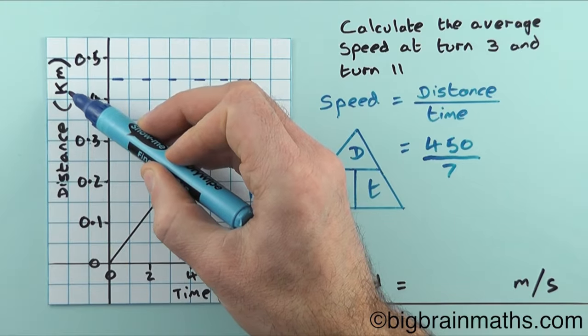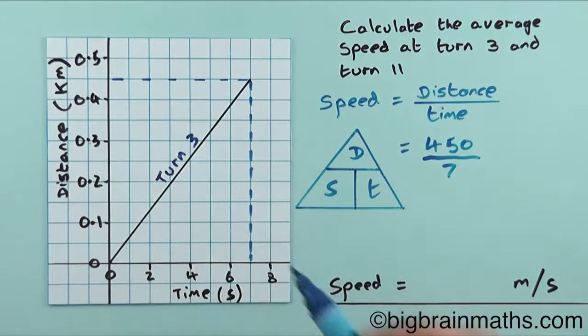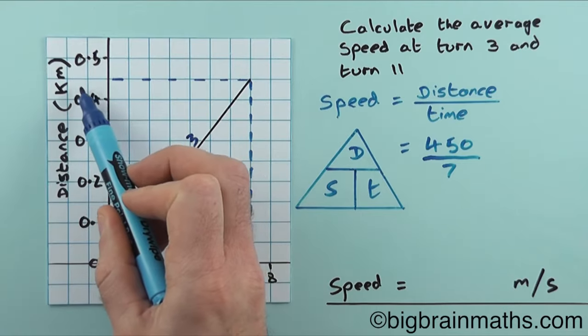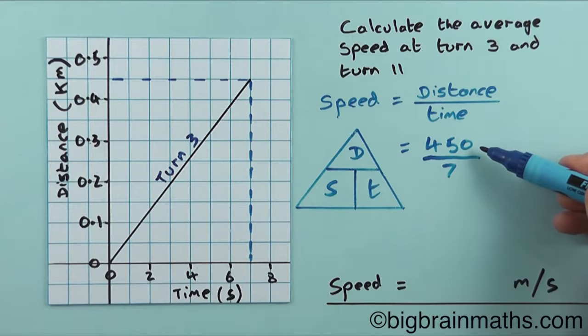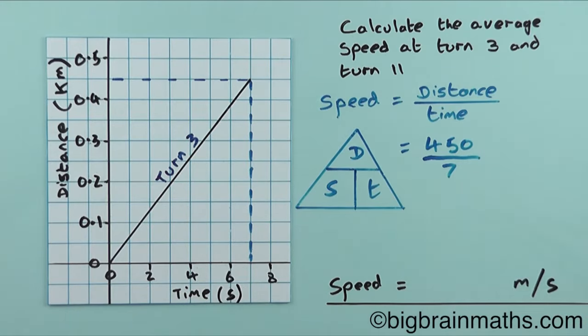And we don't want the units to be in kilometers, because the speed is meters per second, which means that the distance must be measured in meters. So when we're reading our values from this graph, we need to convert 0.45 kilometers into meters, which is 450 meters. And then, as long as your distance is in meters and your time is in seconds, then your speed will be in meters per second.